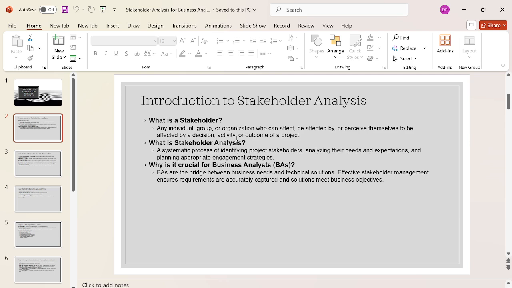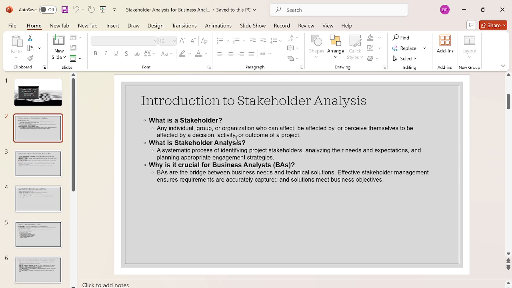So a stakeholder is any group, any individual, or any organization who can affect, or is directly affected by, the decisions, the activity, the project outcome, or the project goal.